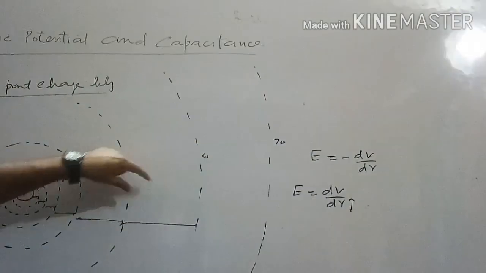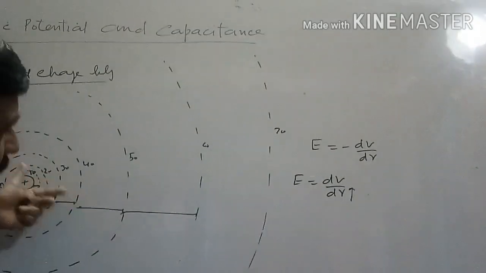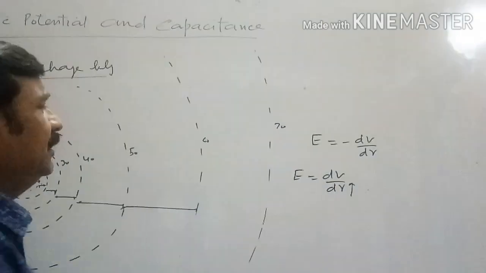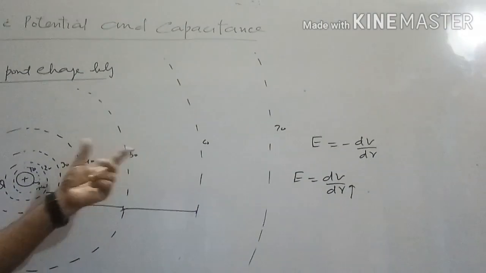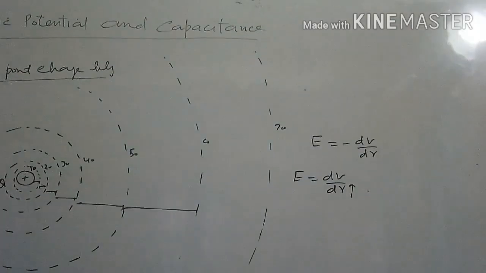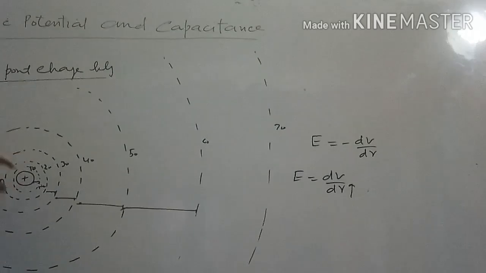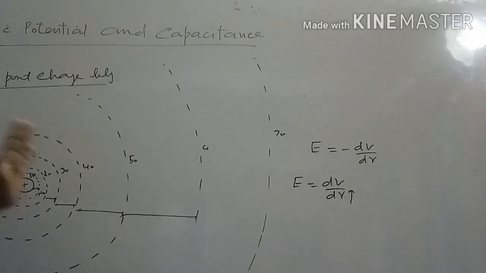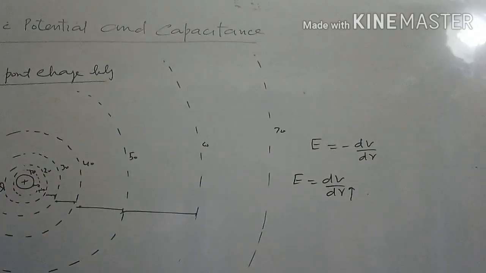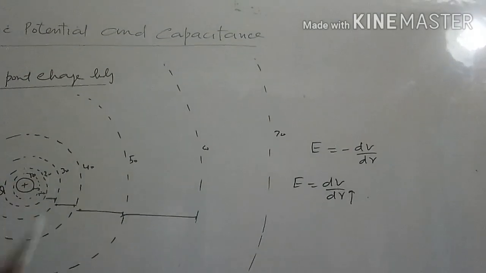For this, 60 minus 50 divided by this distance will be the intensity, and as intensity is decreasing, the separation will increase because the numerator in all the cases has the same value. When the denominator is more, the intensity will be less. That is why for an isolated point source charge body, equipotential surfaces will be concentric spheres of increasing separation.